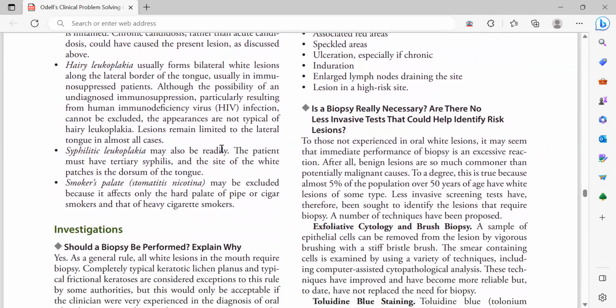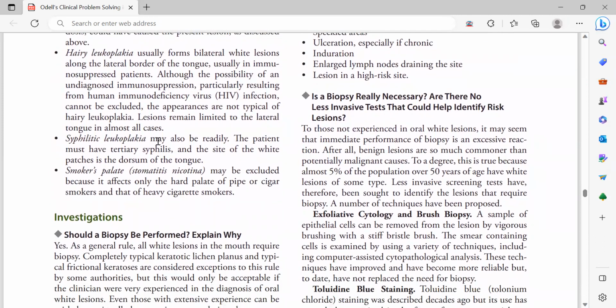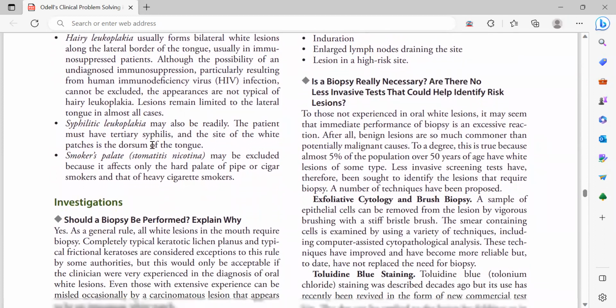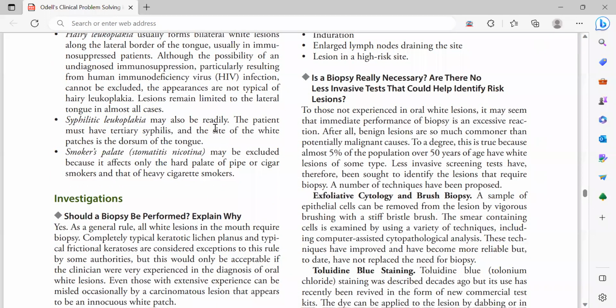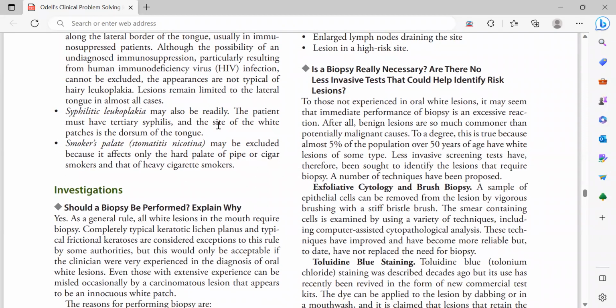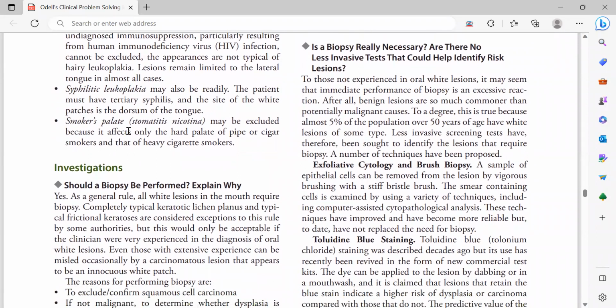Lesions remain limited to the lateral tongue in almost all cases. Then syphilitic leukoplakia may also be excluded, since the patient would have to have tertiary syphilis and the site of the white patch is the dorsum of the tongue. And then the smoker's palate, or stomatitis nicotina, as I told you, affects the hard palate.